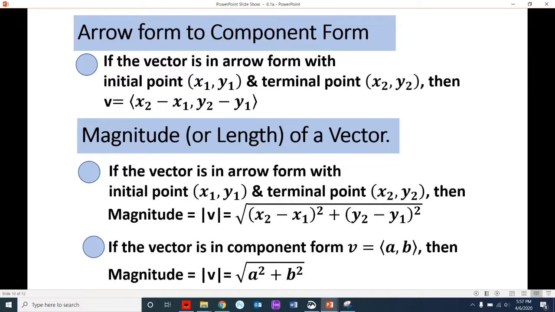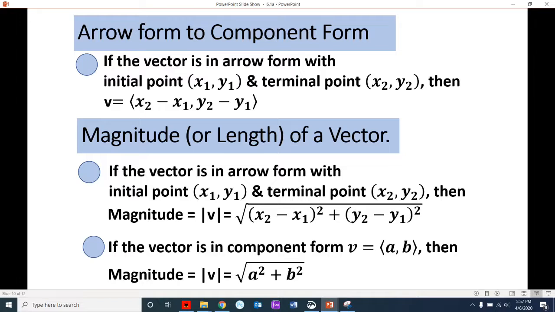If your vector is written in component form, then you can take the first component and square it, plus the second component and square it, and square root the answer. The notation for magnitude, which is the length of the vector, is the absolute value of v. Again, absolute value for vectors stands for the length of the vector.